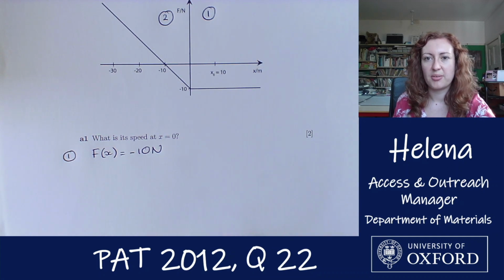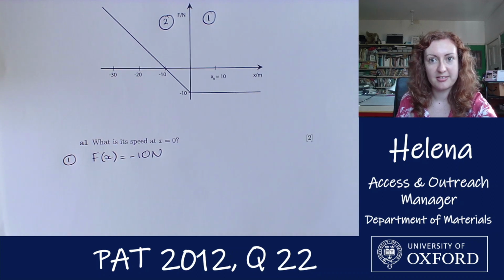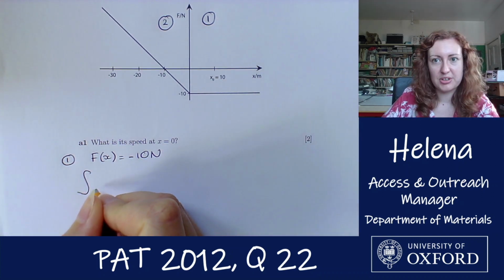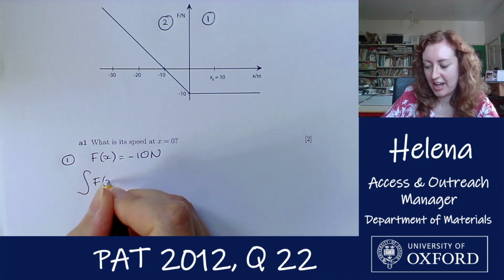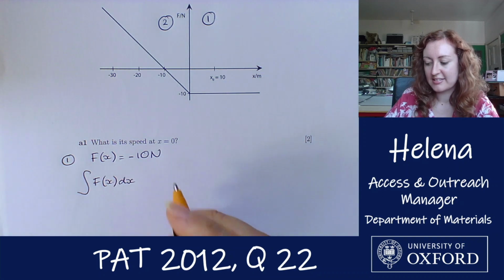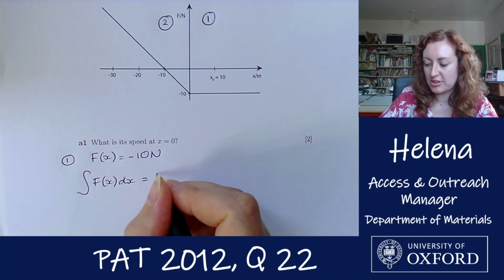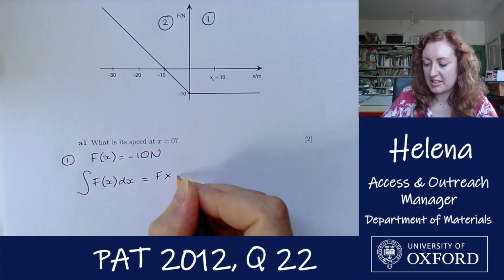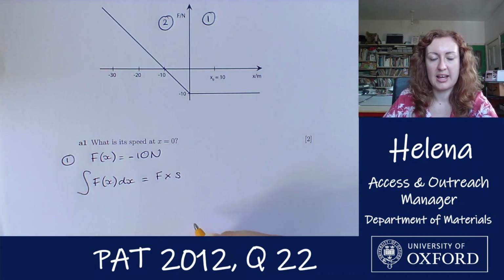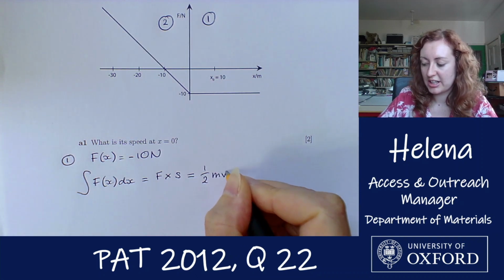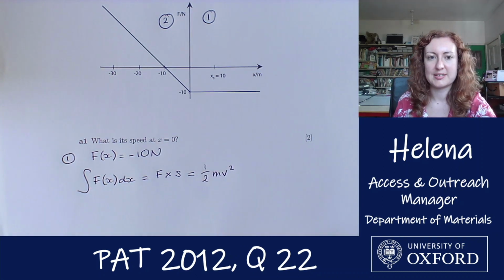Okay, so what's this telling me? Well, this means that I can work out the work done on this object, which, if we want to do it thoroughly, the energy or the work done would be the integral of f of x dx. But obviously in this case, since it's a constant force, that's equivalent to the force times the distance moved, which I'm just going to call s, and we can equate that to the kinetic energy of the object as it's moving.